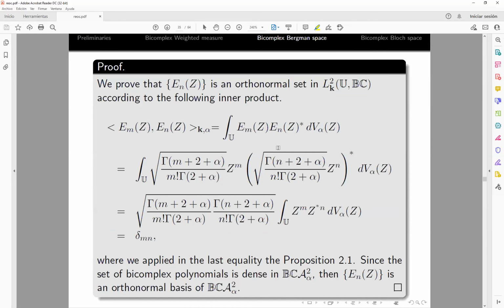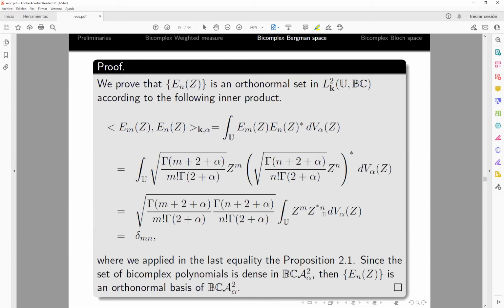The proof is almost direct, because the inner product is defined by this integral on the bidisk. We consider the monomial S_m times S_n star. Recall this special conjugation. And this is the weighted measure. This is a constant, we can write it outside of the integral, and then we calculate the inner product of these two monomials.